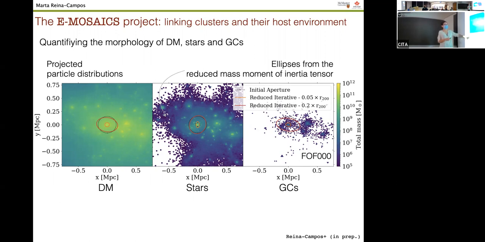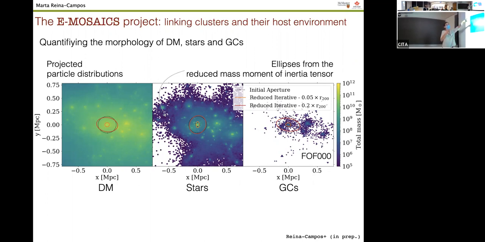This is the same halo that we've been looking at until now. The panel on the left is showing the projected particle distribution of dark matter, then stars and globular clusters. I'm weighting the moment of inertia tensor by the mass of the particles. It is also called reduced because we weight each particle by the inverse of their distance, so that we reduce the influence of outliers that are sitting very far out.